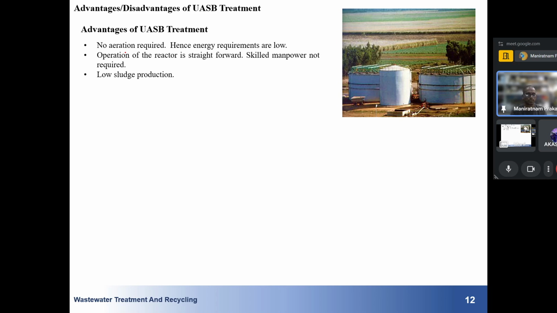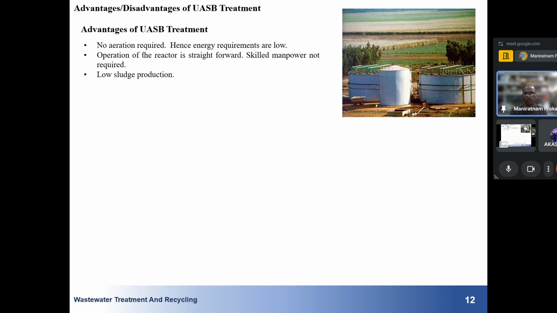Operation of the reactor is straightforward, and skilled manpower is not required. It's very simple to operate, so there is no need to hire a special manpower to run this UASB.